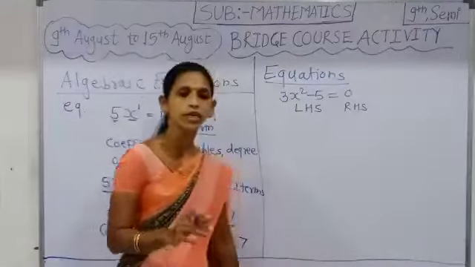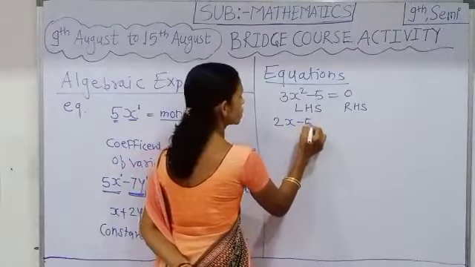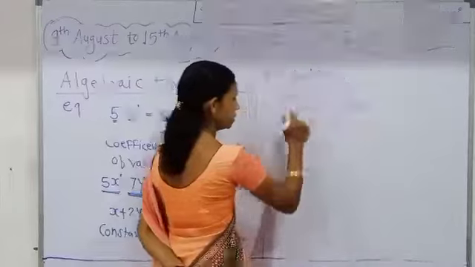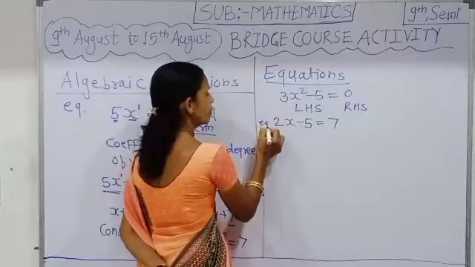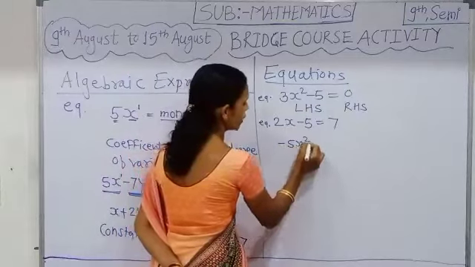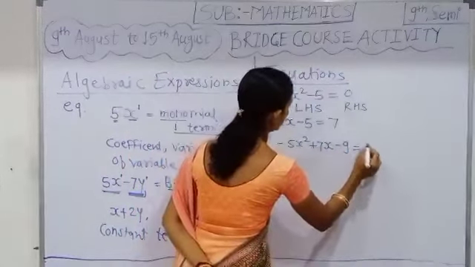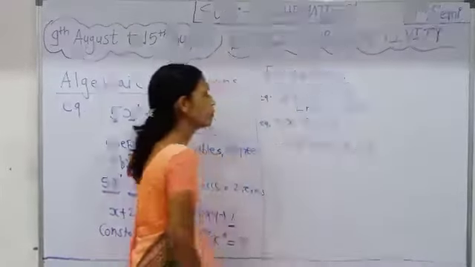That is known as an equation. A few more examples: 2x minus 5 is equal to 7 is an example of an equation, as well as minus 5x square plus 7x minus 9 is equal to 5.